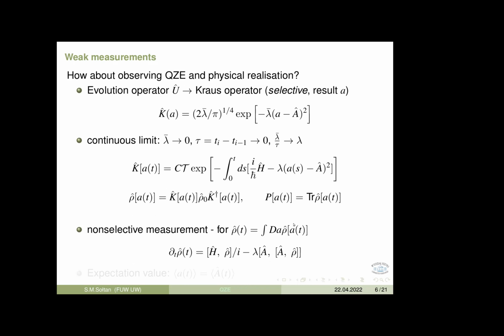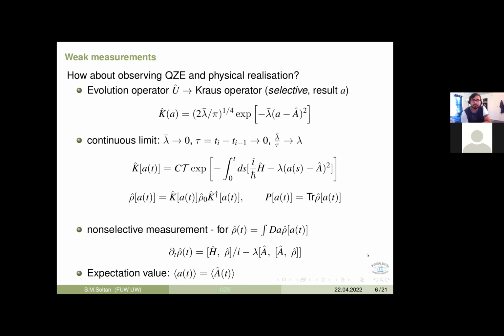Then we obtain the non-selective density matrix, and it turns out that there is a very simple Lindblad-like equation for such a non-selective density matrix, and it will turn out that it is very convenient in an analysis.